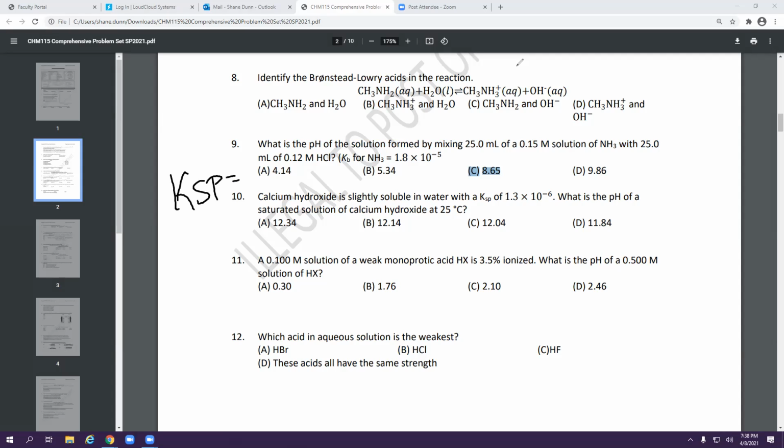Ksp only cares about what? Products or reactants? So if I have, for example, salts, and I put that in water, what happens to it? Dissociates. I use the products of that to calculate Ksp. Because we don't care about solids, right?